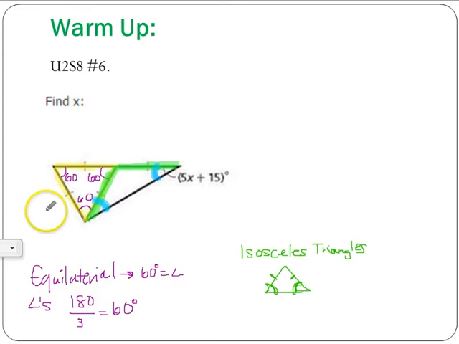Therefore, I can label this angle also 5x plus 15, since those 2 angles are opposite the 2 congruent legs. So we're getting closer to being able to set up an equation to solve for x. We're just missing something to label this angle with. We don't know what this angle is.